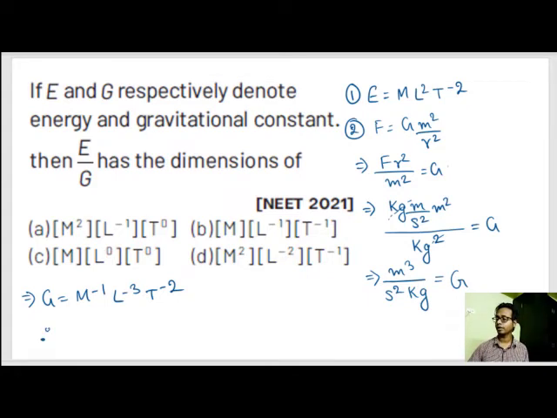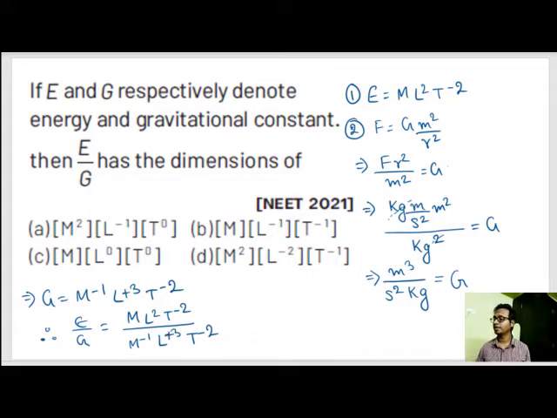Therefore, E by G would be the dimension of energy, m L square T to the power minus 2, divided by m to the power minus 1, L to the power 3 and T to the power minus 2. See here, meter cube, so L to the power 3, not minus 3.